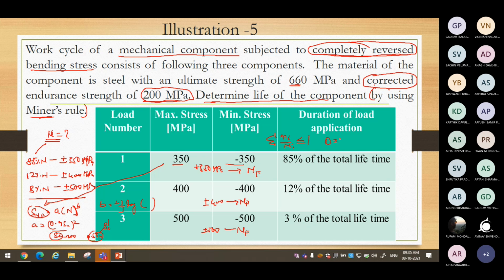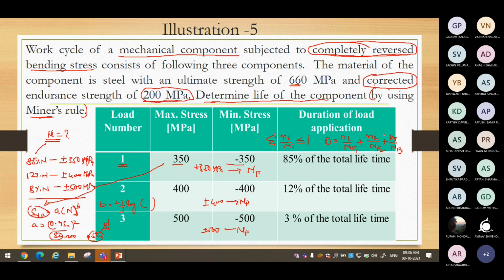So damage is nothing but, in this case, small n1 by capital NF1, that is number of cycles to failure for one type of load, serial number 1. Similarly, next n2 divided by capital NF2 plus n3 divided by capital NF3.